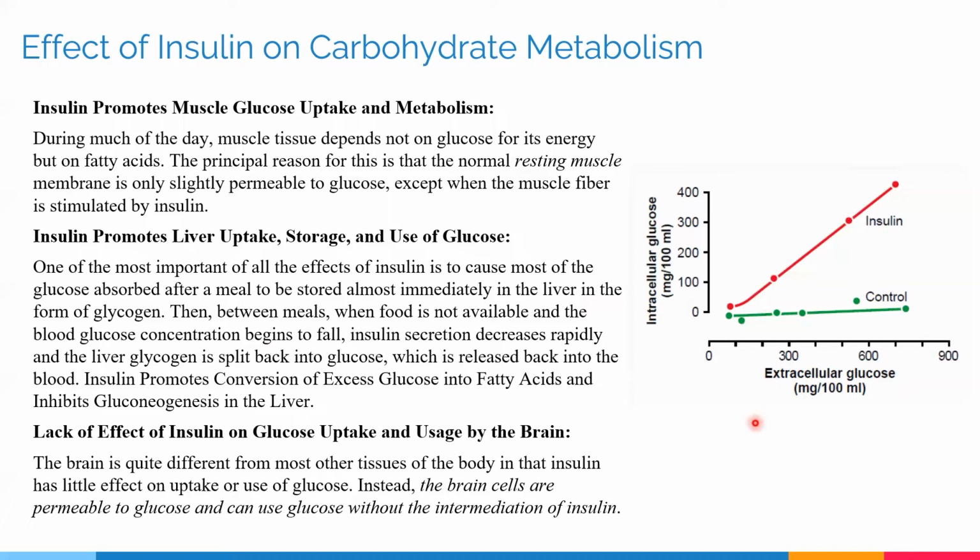So we see when extracellular glucose increases, in the case of the control, the glucose stays mostly in the extracellular fluid, shown by the control line, which is almost parallel to the x-axis. But in the case of insulin, the line has a sharp slope, which means most of the glucose is now being shuttled into the intracellular fluid, and thus cells of different types are taking up glucose instead of letting it remain in the extracellular fluid. That is essentially the action of insulin.